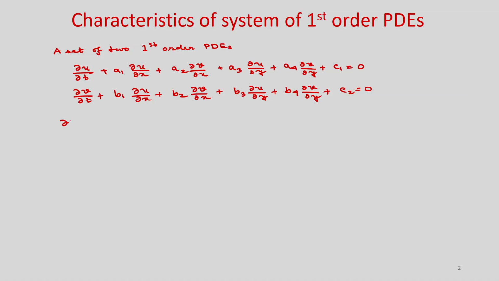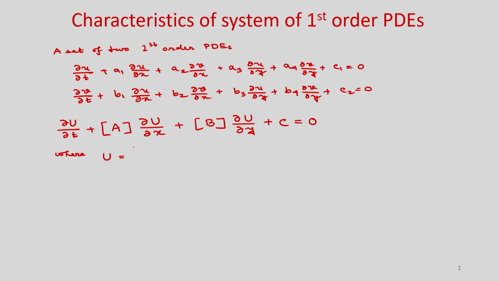In general, we can write this equation as del u by del t plus matrix A del u by del x plus matrix B del u by del y plus C is equal to 0, where u is the vector u v.